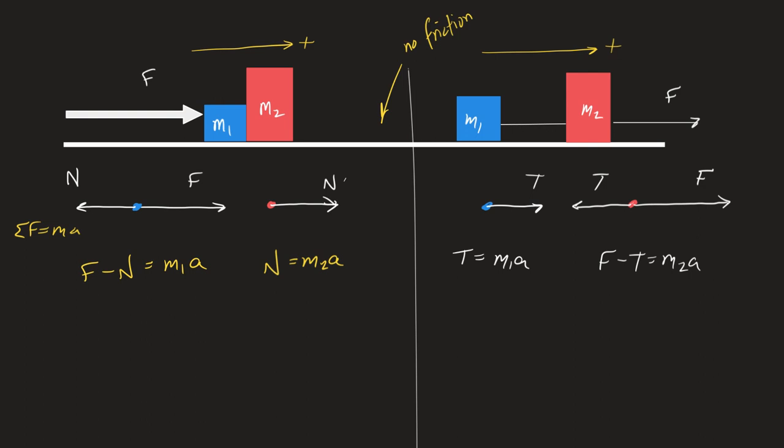I would encourage you to learn some ways to do this that aren't just about substitution. I'm providing you with not a trick, but a method. By setting the common direction to be positive across your problem, you should always end up with a situation in which one of your internal forces is negative and one of your internal forces is positive.